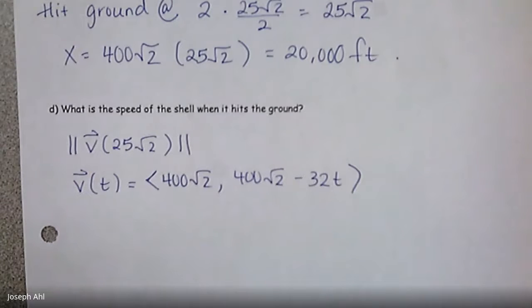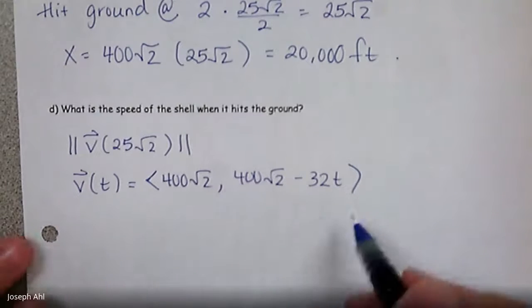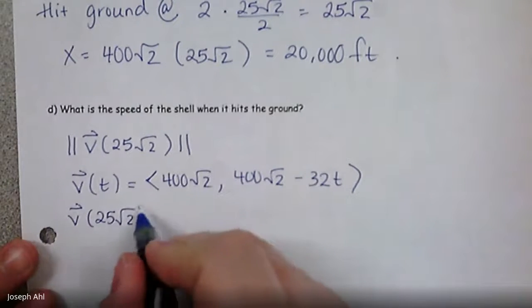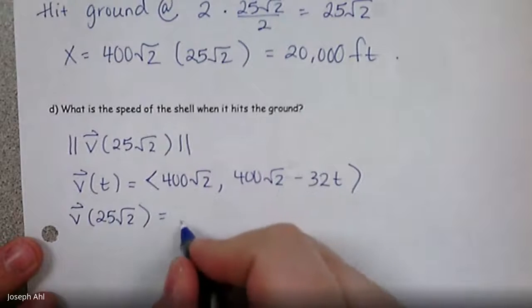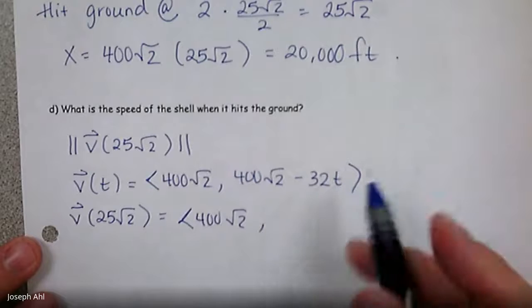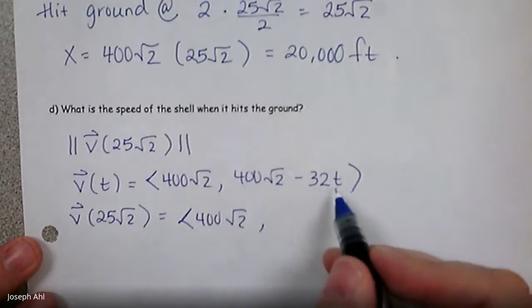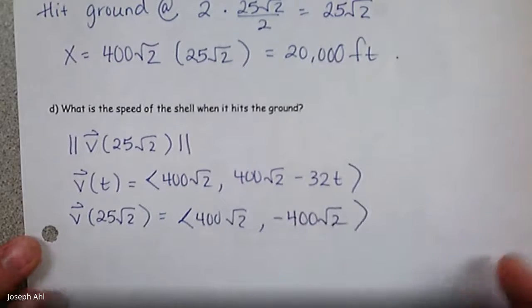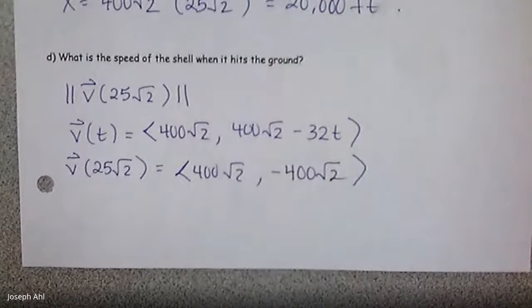All right, if you plug in 25 radical 2 for t, the x component's not going to change. That's going to stay 400 radical 2. And as it turns out, if you plug in 25 radical 2 here, this becomes negative 800 radical 2, for a total of negative 400 radical 2 for the y component.